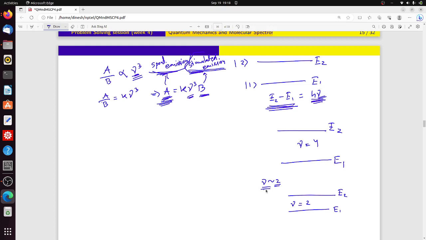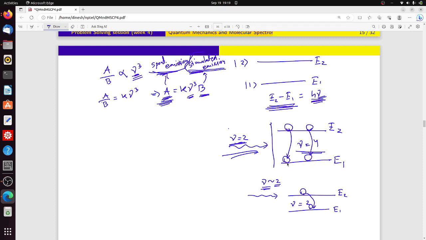So in this scenario, this photon can stimulate this excited particle to go to the ground state, right? But in this scenario where this frequency is 2, this photon will have less energy compared to the energy difference of this system, so it won't be able to stimulate this particle to go to the ground state. So in this scenario, what will be dominating? Spontaneous emission. That means in the absence of this external radiation, this excited particle will go to the ground state spontaneously, okay.